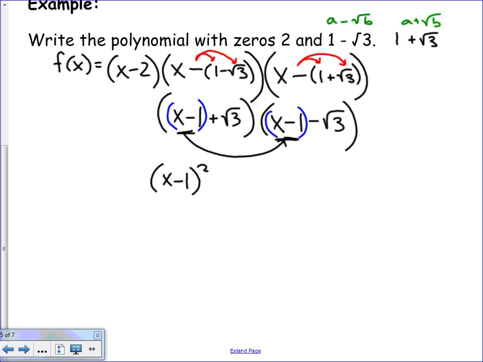Now I'm going to show all my work for FOIL. X minus 1 times a negative square root of 3 would be something like negative square root of 3 times x minus 1. Are you okay with that? Just distributing x minus 1.